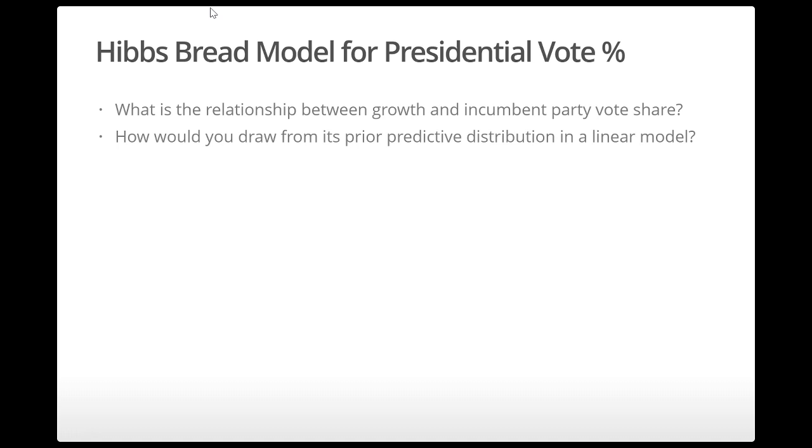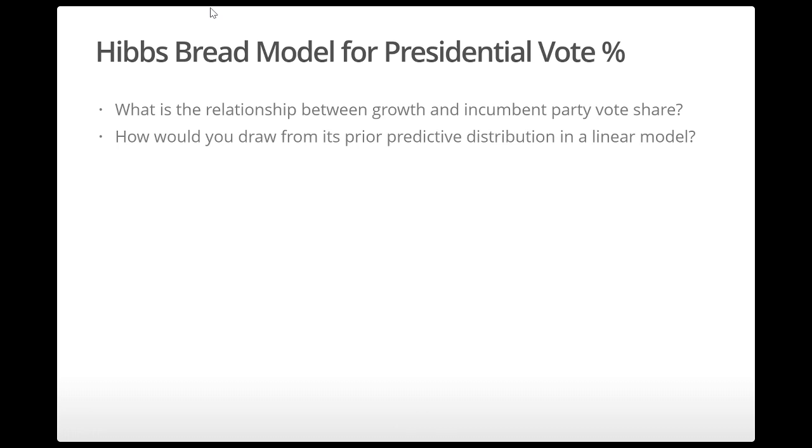Let's think about beta. So the sensitivity of vote percentage to, are you a little bit above or a little bit below average per capita income growth? I would say between 2 to 3%. 2 to 3, okay.